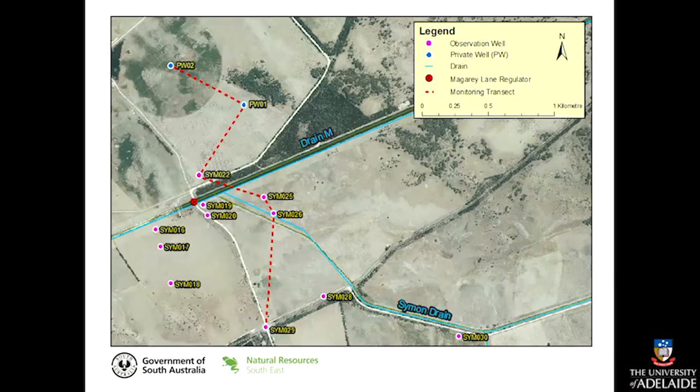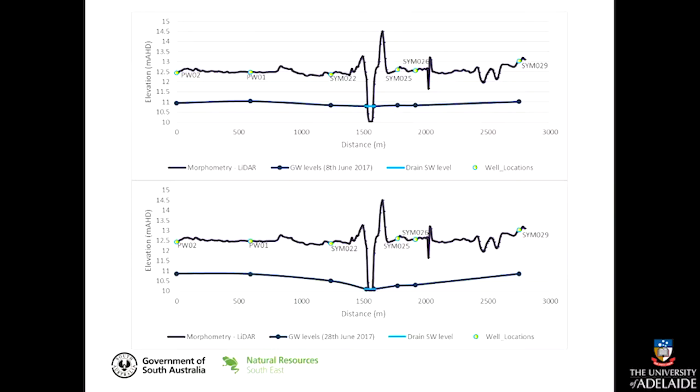So if you imagine that this transect here has been cut through the earth, and we're looking into the earth and the drain, that's what the plot's showing. And so you can see the big dip in the middle there, that's Drain M, and the yellow dots are the locations of the observation and private wells. And then the light blue line in the middle there, that's the surface water level within the drain, and then the dark blue line is the water table.